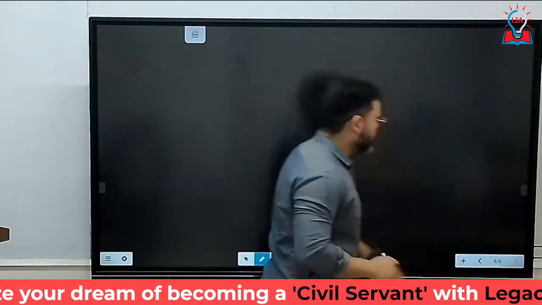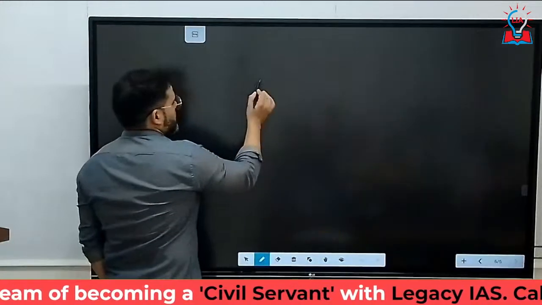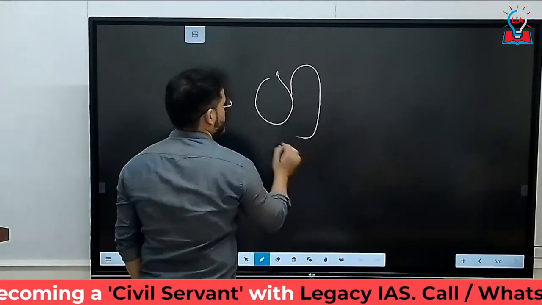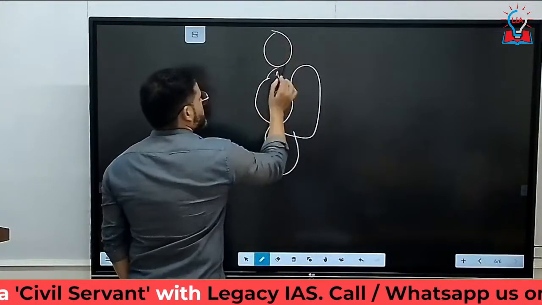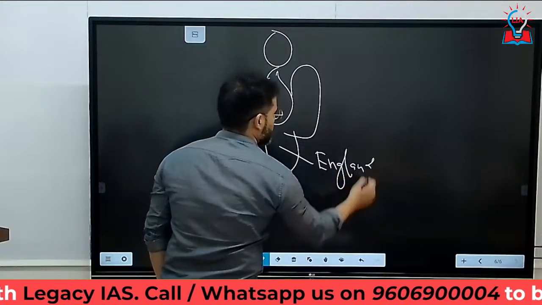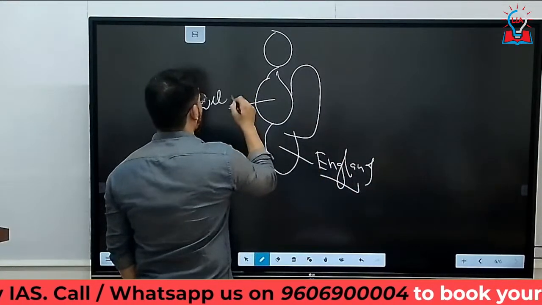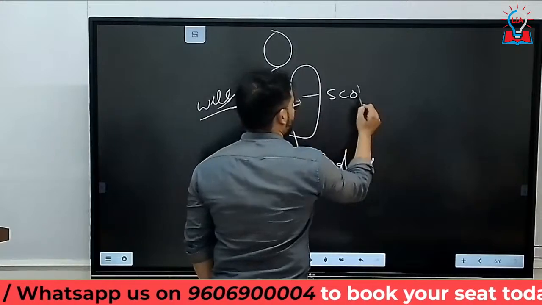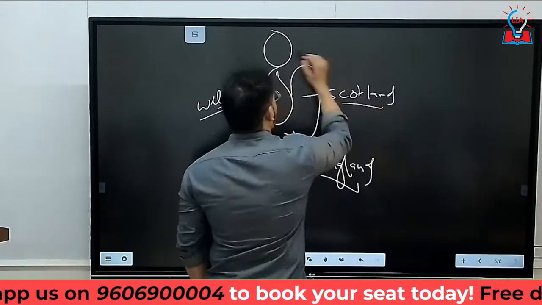Correct? जैसे आप UK आपको कैसा दिखेगा? जैसे, so for example, this is England. Just for example, England, Wales, Scotland, and Northern Ireland.